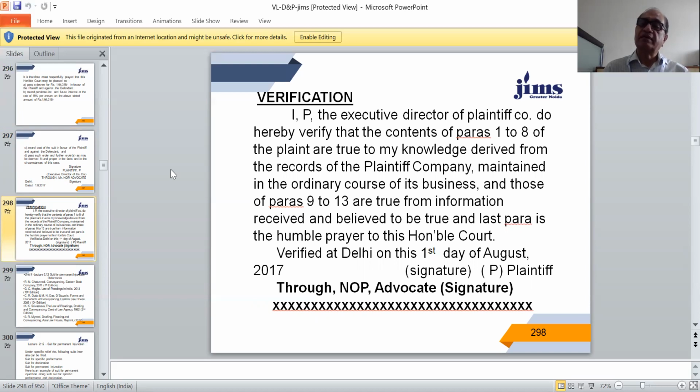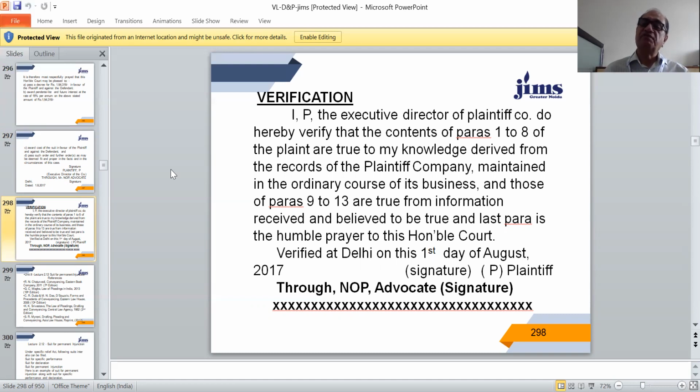He has to obtain the leave of the court for contesting this summary suit. If the leave to defend is granted, then of course the suit will proceed like an ordinary suit. He will file the written statement, then issues will be framed, then evidence of the parties will be taken, arguments will be heard, judgment will be pronounced, and then a decree shall be drawn. That is the normal procedure of a civil suit.